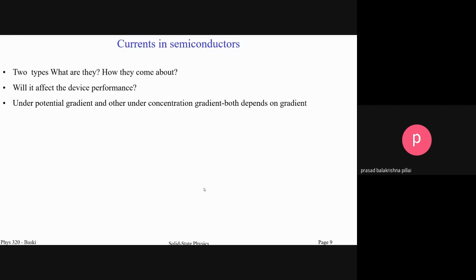Electric field. So electric field is nothing but the gradient of the potential. A spatial variation of the potential will give you, if there is a spatial variation of potential, that means there is an electric field existing.